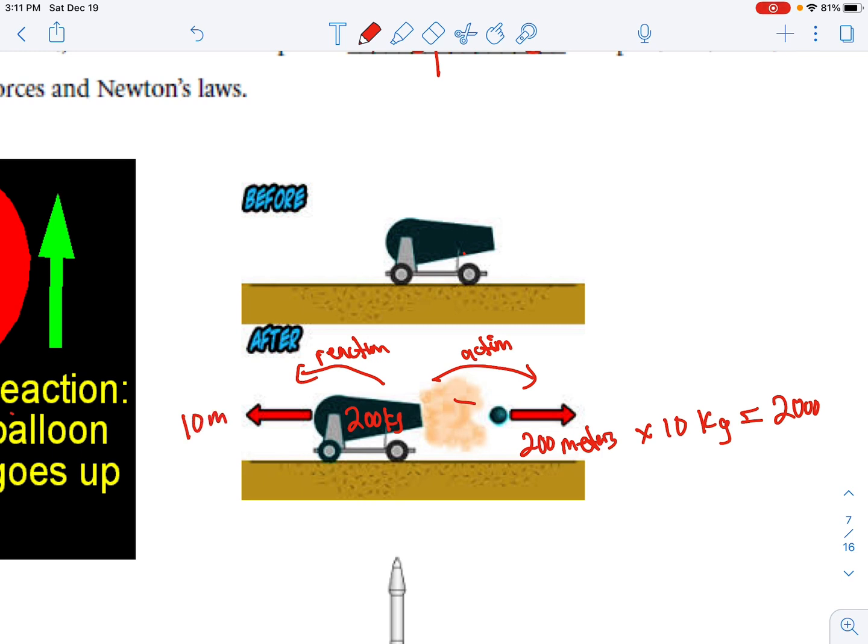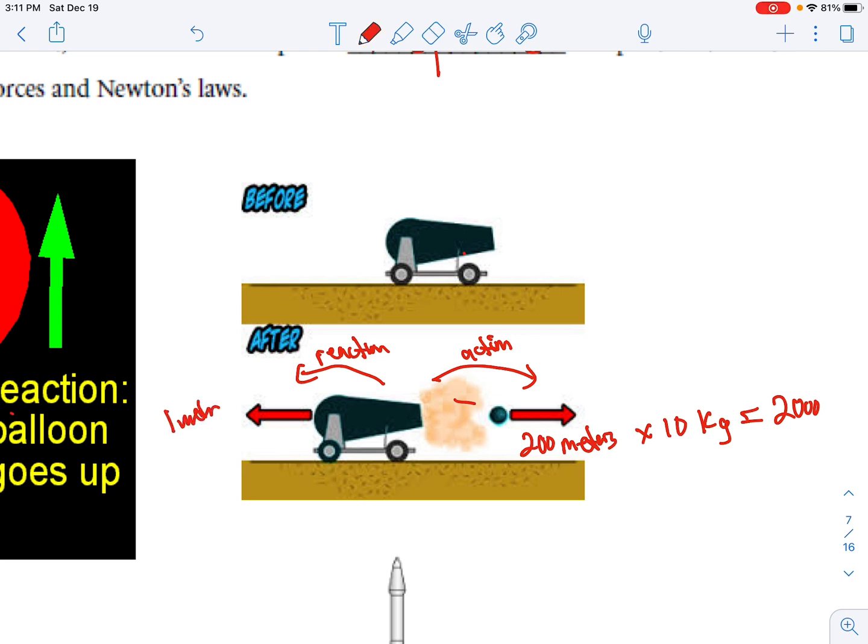Now, that's probably too much. That's probably not a good example. It's probably better to say that this cannon weighs probably like 200 and, I don't know, I can't do the math off the top of my head right now. But the cannon is probably only going to move like 1 meter back.